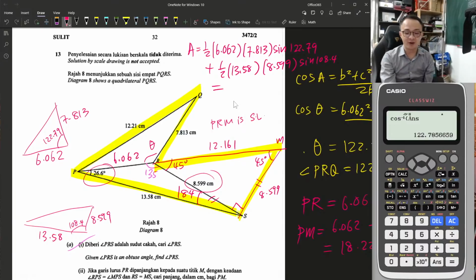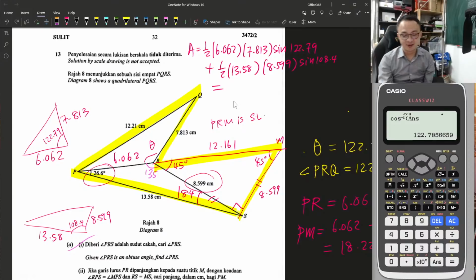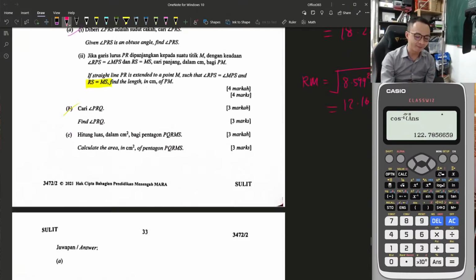Okay, just add all together, you will get the nice answer. You're going to type the answer by yourself, I'm not going to type for you. Alright, so this is how we do this one. Make sure you calculate it in degrees, then you shouldn't make any mistake here.